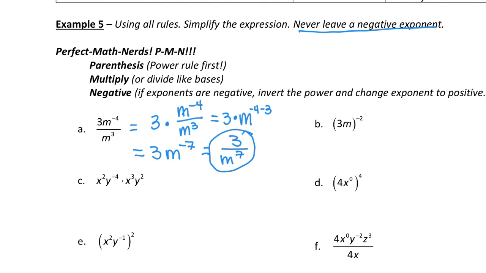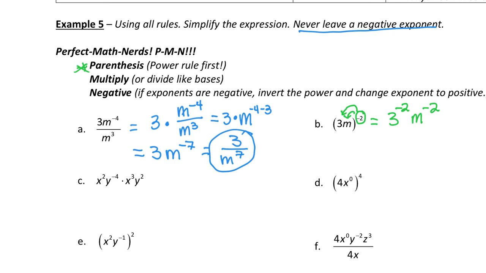This next problem has a parenthesis, and remember we want to do those parentheses first. So I've got an exponent on the outside. I'm going to distribute it inside my parentheses so I can get rid of that. So I end up with 3 to the negative 2 times m also to the negative 2.